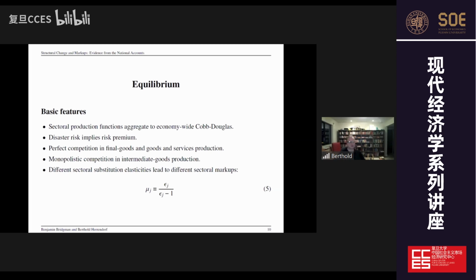So for example, imagine there's more market power for some reason for the firms. In order to match that, you have to increase epsilon J to get a larger markup. But the model doesn't tell you anything exactly about this underlying reason. Okay. It just tells you. So in some sense, it's purely accounting or purely telling you what happened. Okay. And not why it happened.